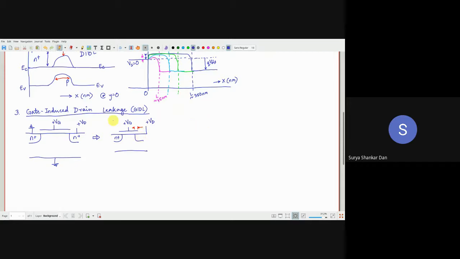Notice that if you are applying a plus VG at this part here, and what is the thickness over here? This is a scaled device, so TOX is anyway very small. This is an N plus region, and you are applying a plus VG. Okay, then it is quite probable that the bonds in this N plus region will break.